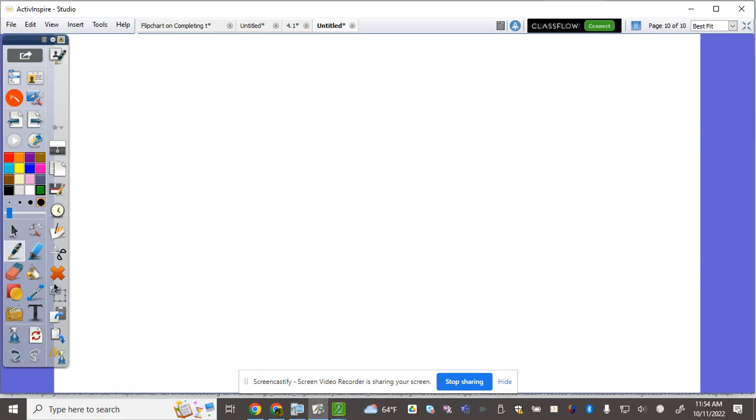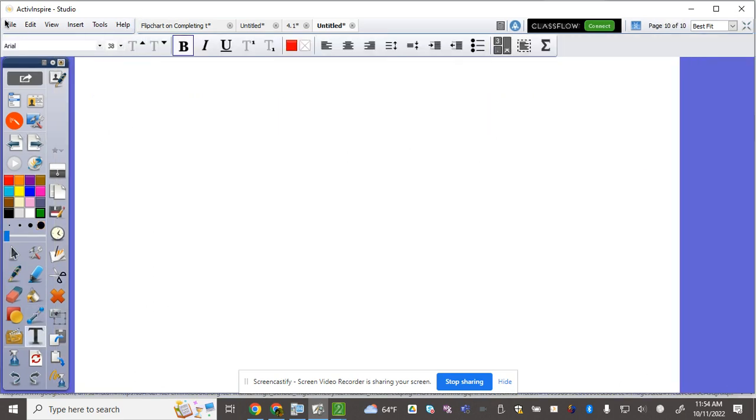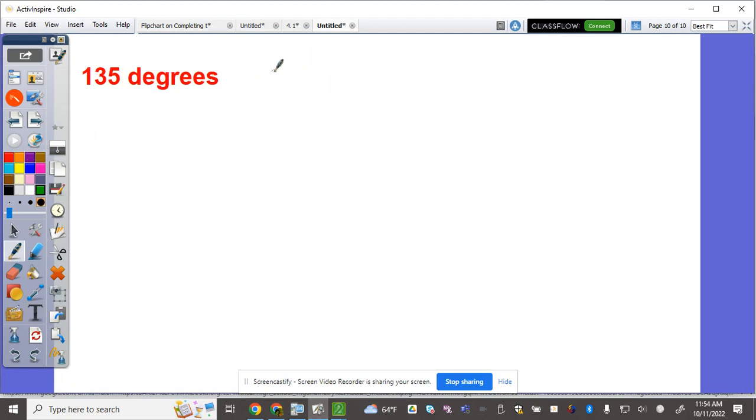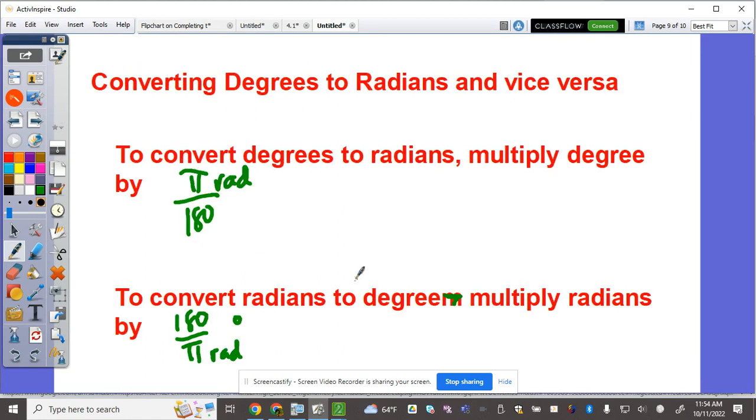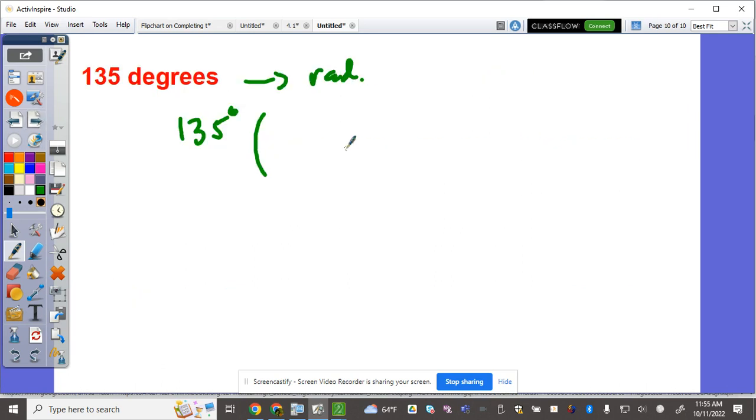Okay, let's practice that one. Let's say convert 135 degrees to radians. How do we write this down? If you want to convert this to radians, the 135 degrees will be multiplied. Let's look at our cheat sheet here, where we convert radians to degrees and degrees to radians. We will multiply this by pi over 180 rad on top.